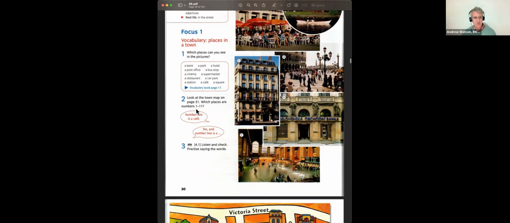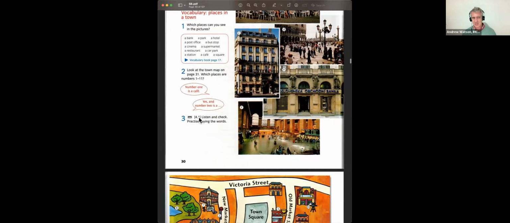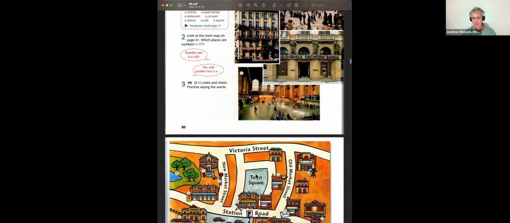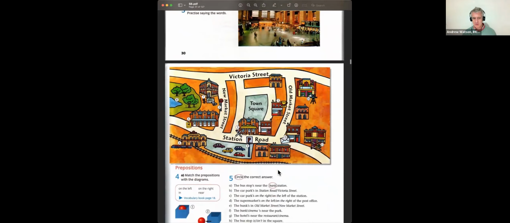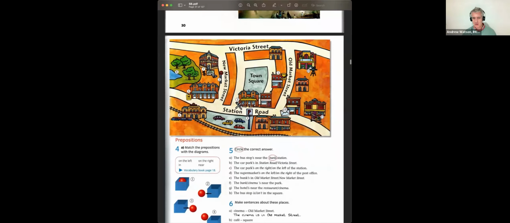And then that leads nicely to the map. Now you're going to need this map to work on these prepositions, because this is the main language item. Prepositions of place, right? That's the main language focus of your lesson.